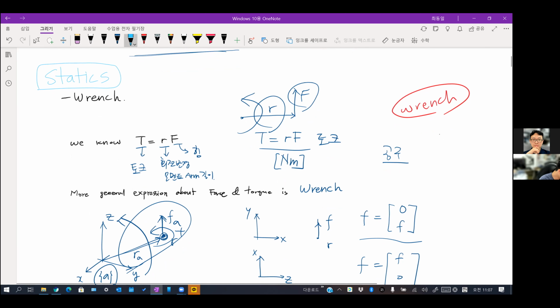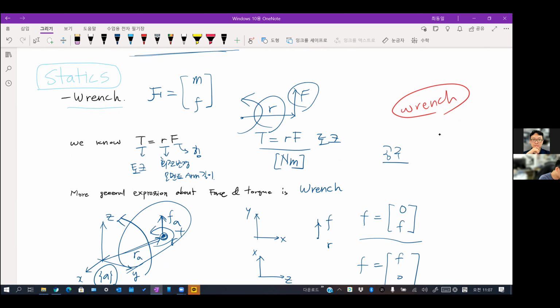In the wrench concept, we already learned about this. This concept is the stack of moment and force. So a wrench is the concept to represent moment and force together.